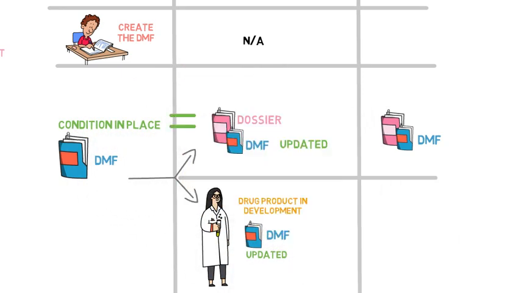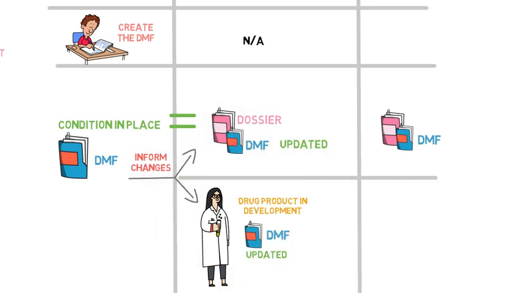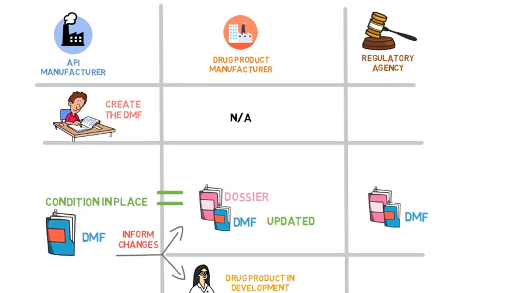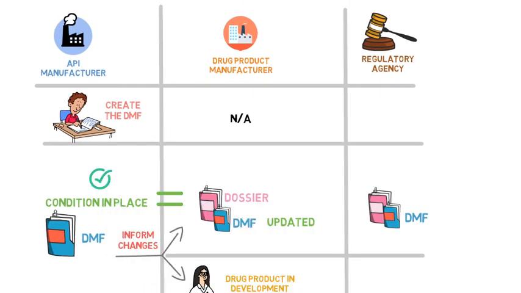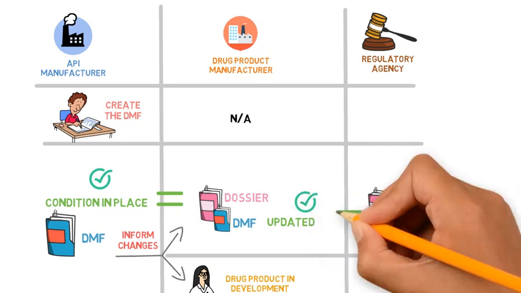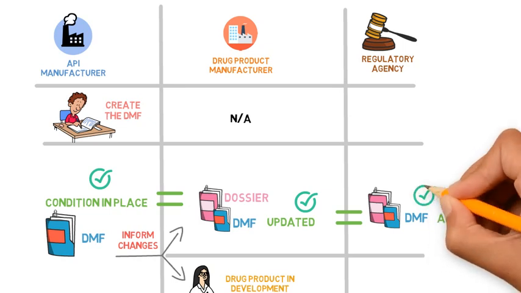Hence, he needs to inform his clients of any change he proposes, as well as the regulatory agency directly, when applicable. The drug product manufacturer, on the other hand, also needs to make sure that the condition which is in place at the API manufacturer's side corresponds to the updated DMF that he has and to the condition which was approved by the regulatory agency when the drug was already approved.